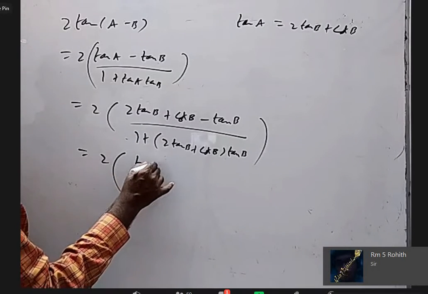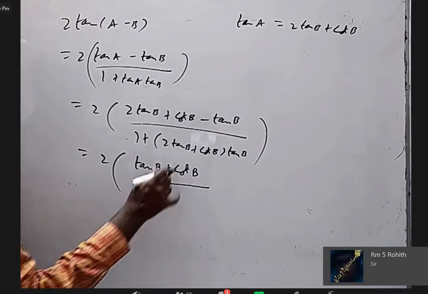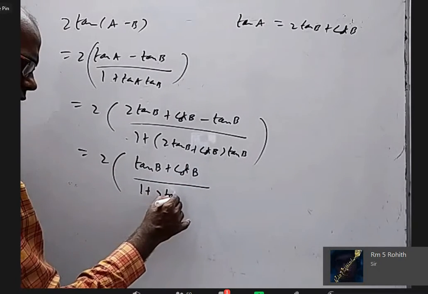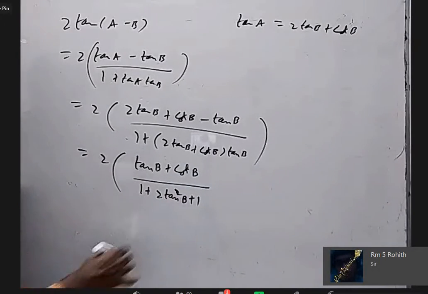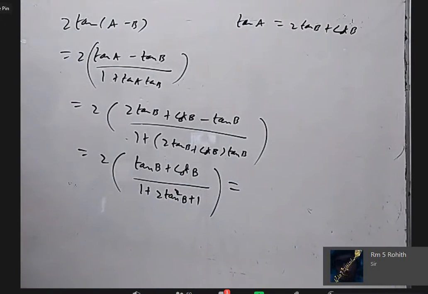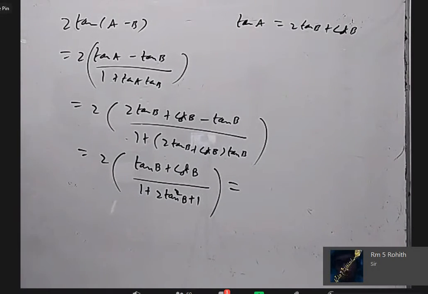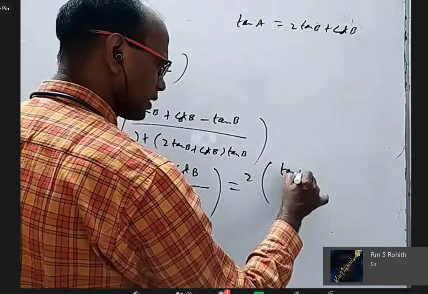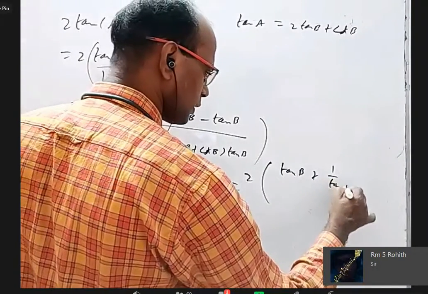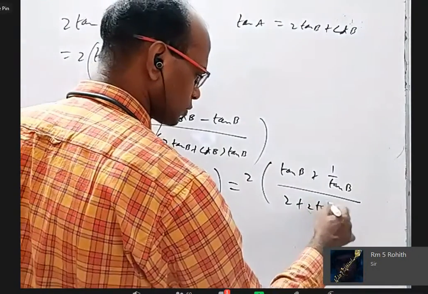The numerator will be left with tan B plus cot B. And in the denominator, this into this is 2 tan square B, and this into this is 1, so 2 plus 2 tan square B. You can write sin by cos also, not a problem, or you can write 1 by tan B and cancel. 2 into this is tan B, this is 1 by tan B, here 1 plus 1 is 2.